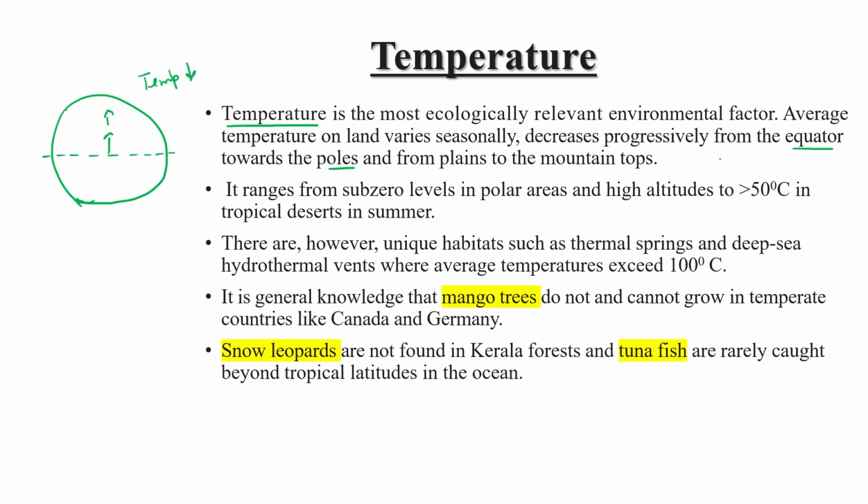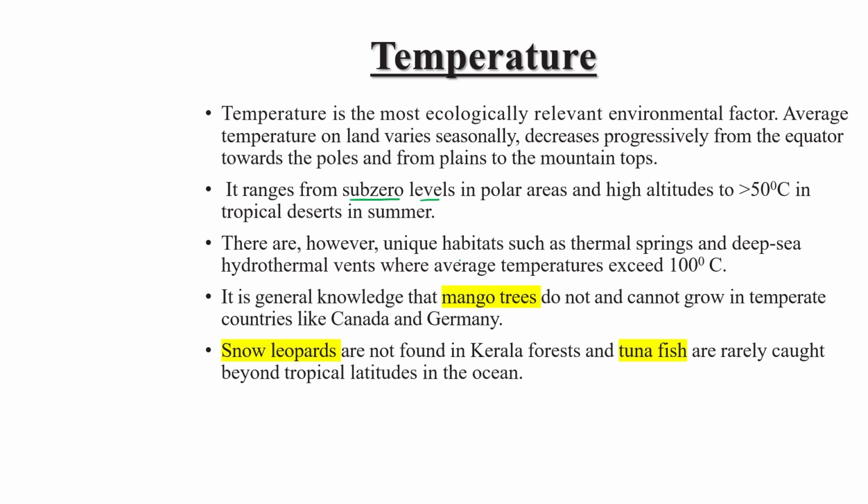Okay, so if we move from equator to pole or from plain to mountain area, obviously temperature decreases. And it also ranges from sub-zero level in the polar area and high altitude to more than 50 degrees in tropical desert in summer.